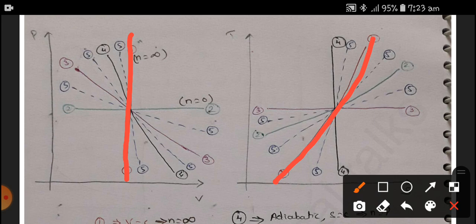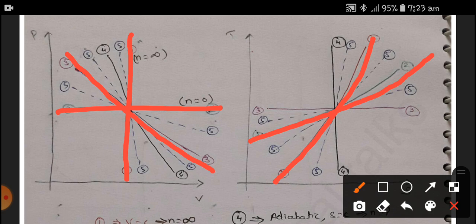For a constant pressure process, my PV diagram is a horizontal line, whereas in the TS diagram it is a flatter line than volume is equal to constant. For a constant temperature process, my PV diagram is a hyperbolic curve, whereas in the TS diagram it is horizontal. For the adiabatic process, in the TS diagram we have a constant entropy curve, and here it is this.